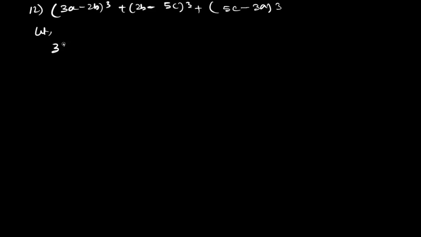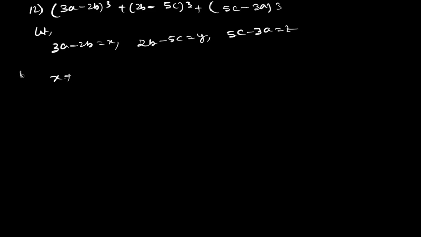It's simple. We just need to be focused. The 12th one: 3a minus 2b whole cube, 2b minus 5c whole cube, 5c minus 3a the whole cube. So in the same way, let 3a minus 2b be x, 2b minus 5c be y, 5c minus 3a be z.